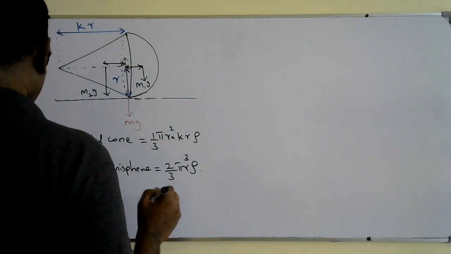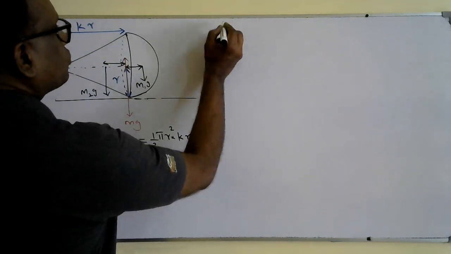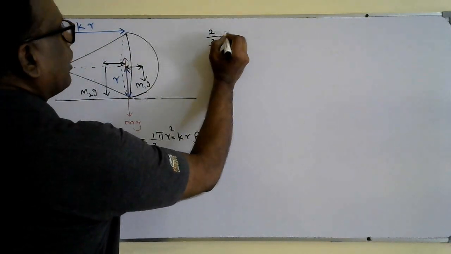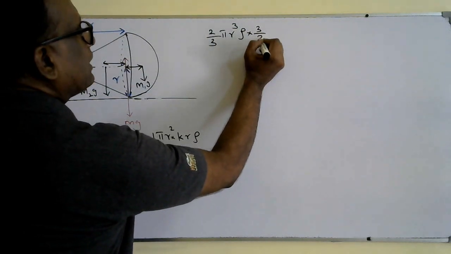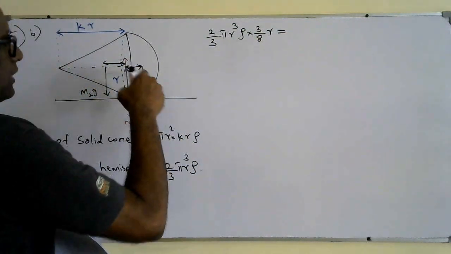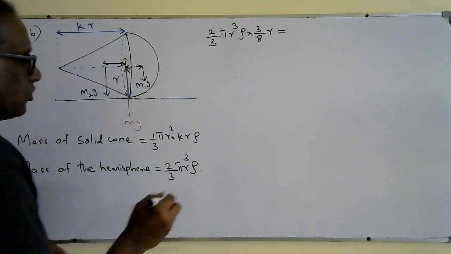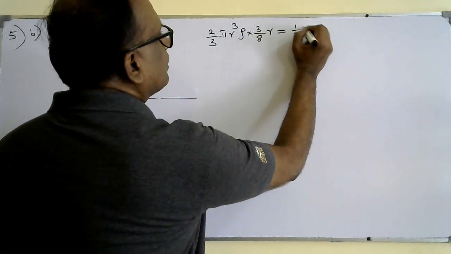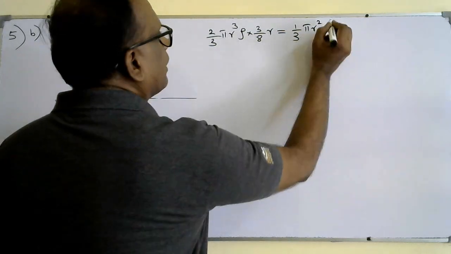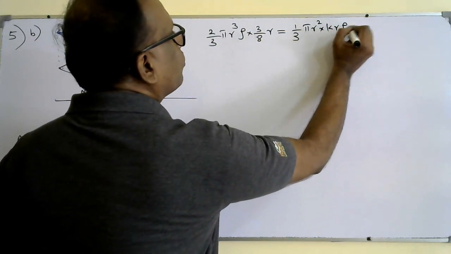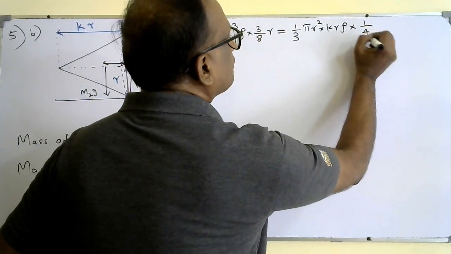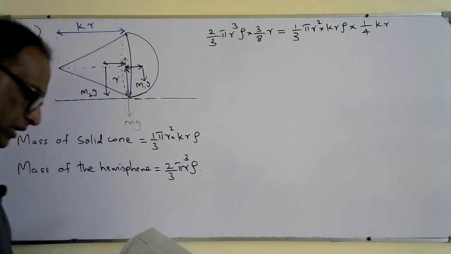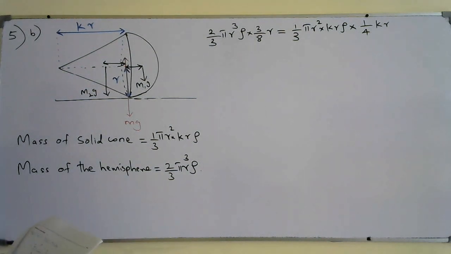So for the hemisphere, 2/3 pi r cubed rho into 3/8 r must be equal to, for the solid cone, 1/3 pi r squared into kr rho times the distance 1/4 of kr. Solve it.